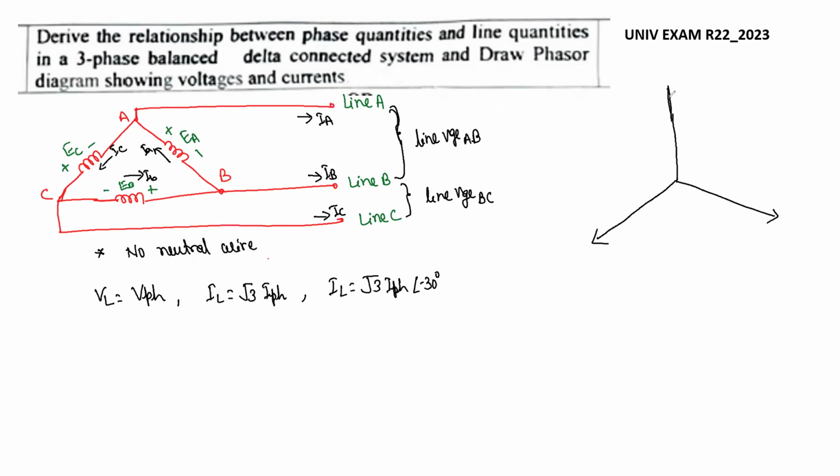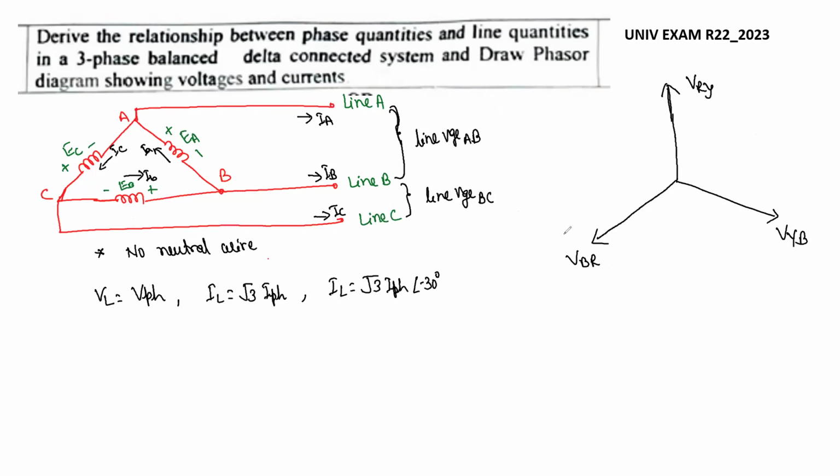So this one we take as B or Y. This one we take as BBR and this one is BYB. Here B is blue, R is red, Y is yellow. Now finally we have to represent the current.